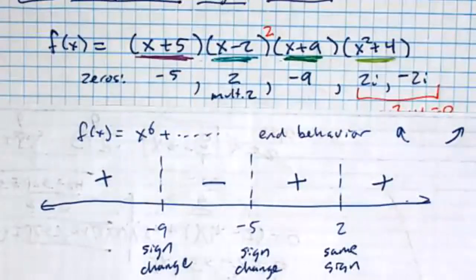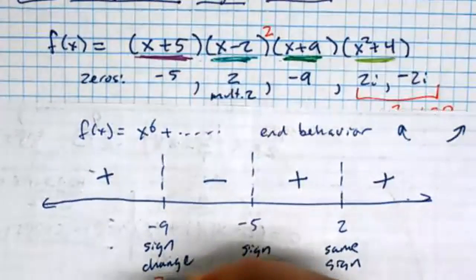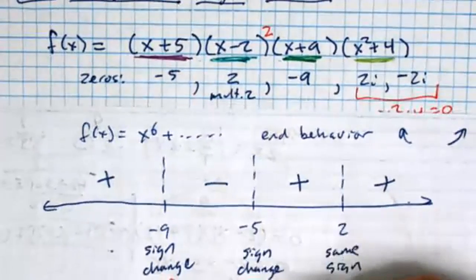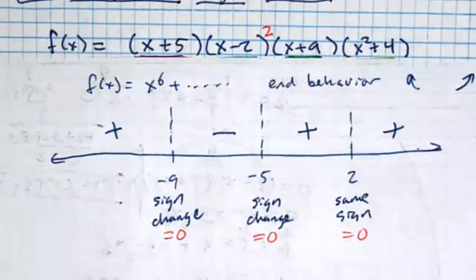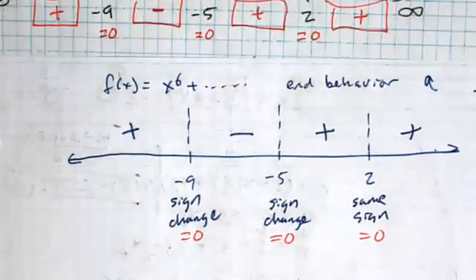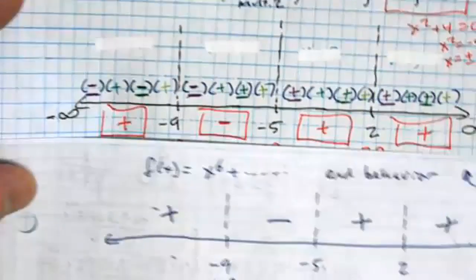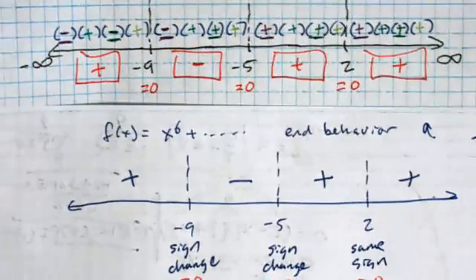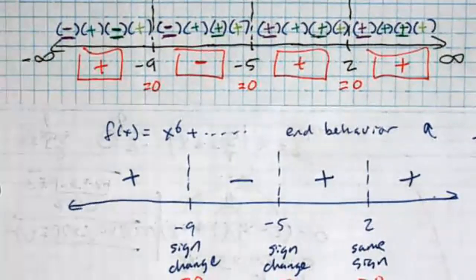If I were doing this, I would probably also go ahead and write equals 0, equals 0, and equals 0 here. And then everything else would be exactly the same as what we did. I've basically just shown you an alternate way to get our sign chart, just one that requires a lot less work.